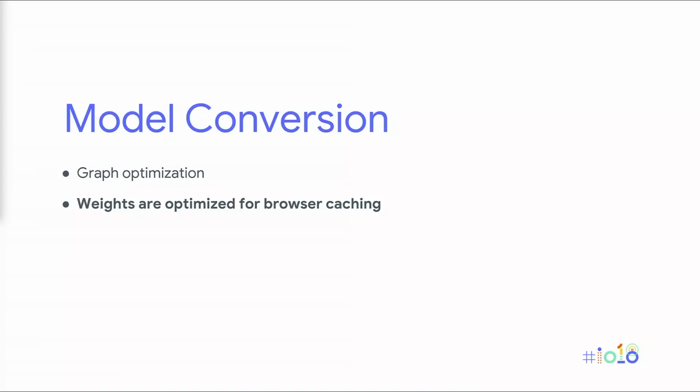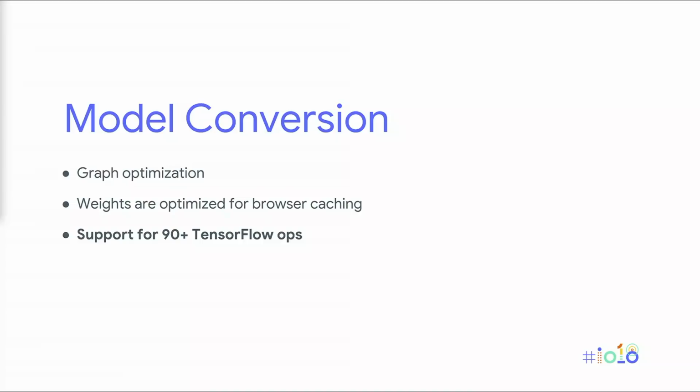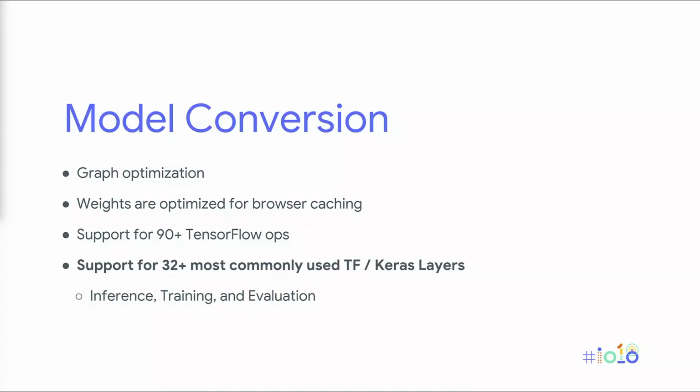This means that the next time the browser loads that page, your weights will be cached, so it's super snappy. We also support about 90 of the most commonly used TensorFlow ops today, and we're working hard to continue supporting more. And on the Keras side, we support 32 of the most commonly used Keras layers during that importing phase. And we also support training and evaluation of those models, so computing accuracy once you get them in. Of course, you can also make predictions as well.